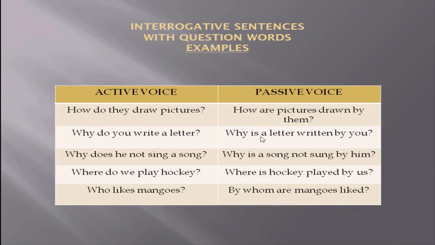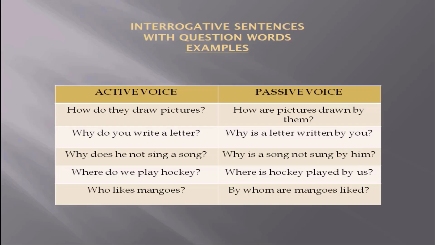Why is a letter written by you? Sentence number 3: why plus is plus a song plus not plus sung plus by plus him. Why is a song not sung by him?